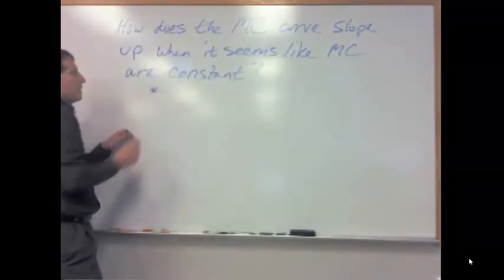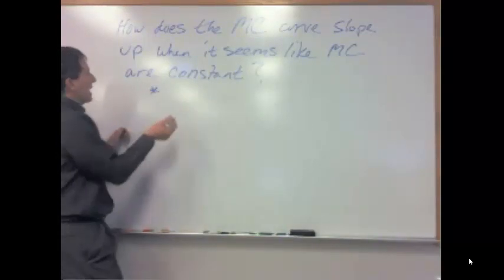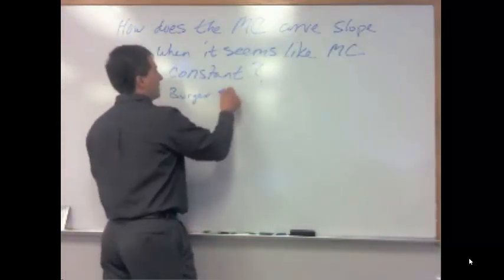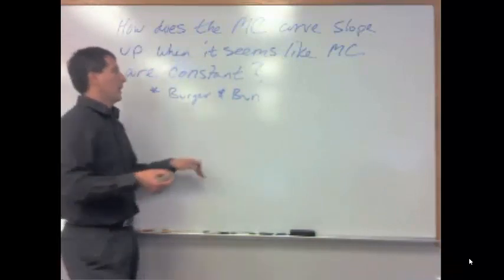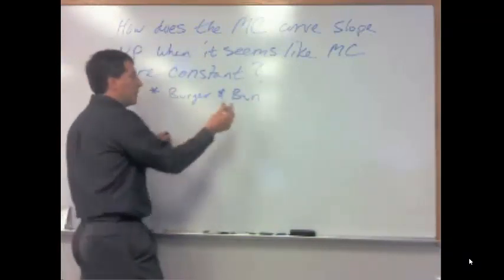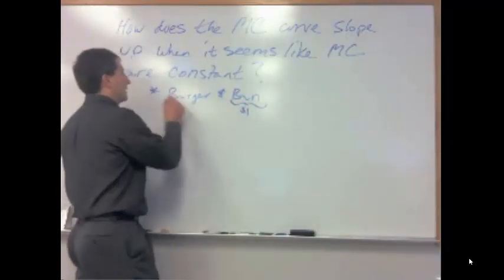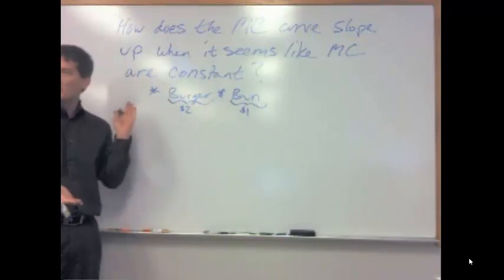So for example, if we're in the hamburger business again, I've got burger and bun. We keep a real simple hamburger. Well, we can break down per bun cost. Each bun costs me $1. Each burger costs me $2. I've got $3 into materials.